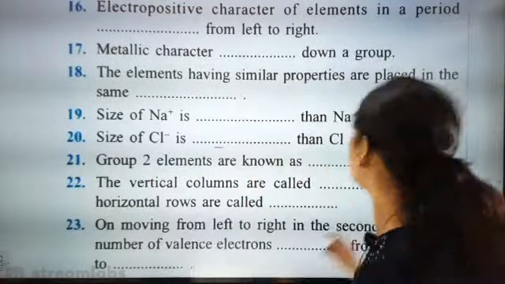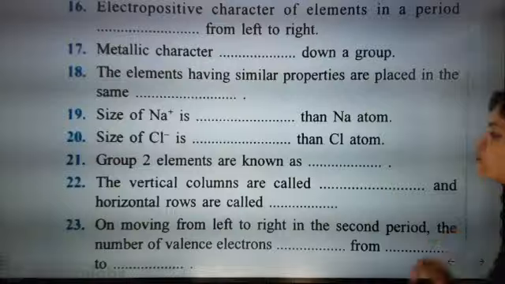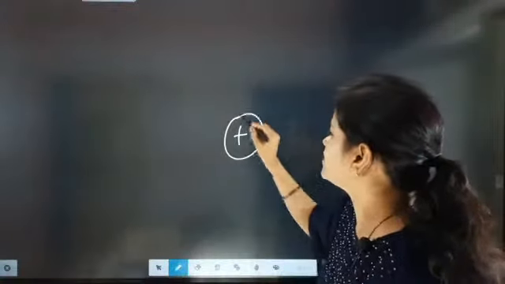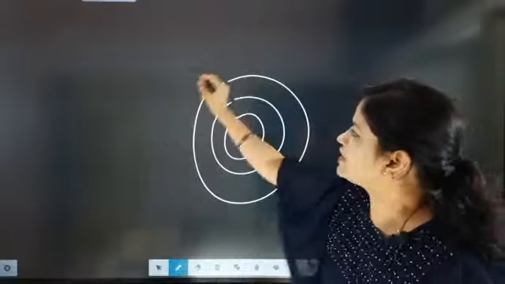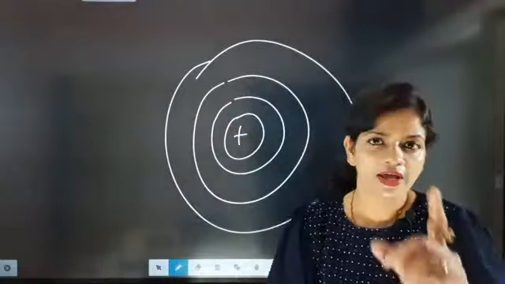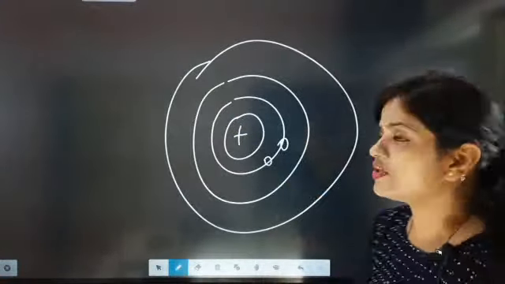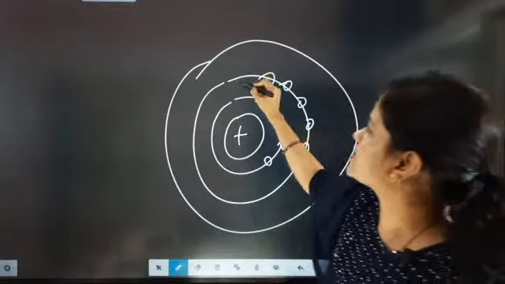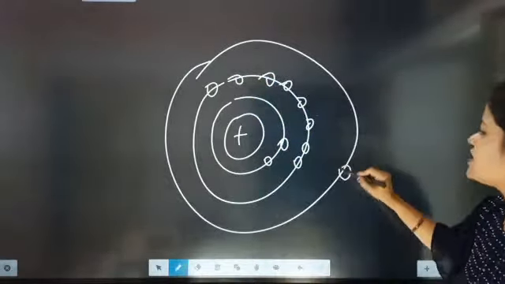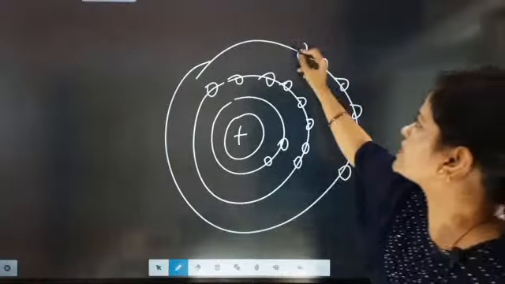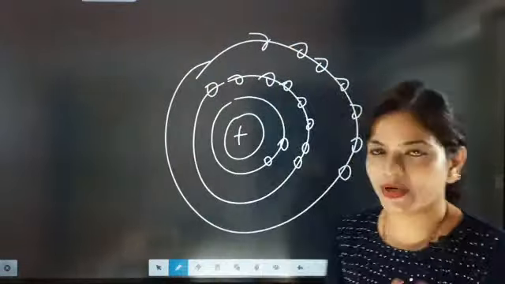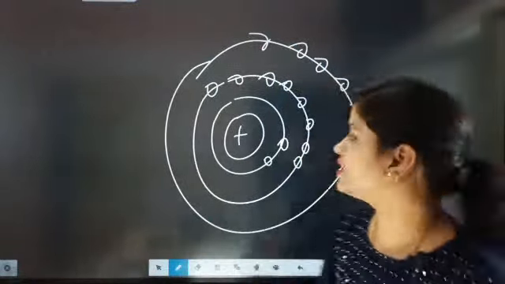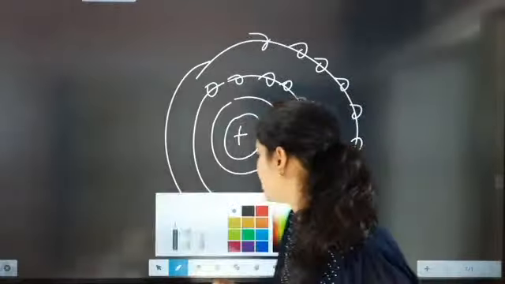Now listen here. When I was teaching in the video also, you will see one very important point I discussed about chlorine. Now look here, 2 electrons are there in the first orbit, 8 electrons in the second, and 7 electrons in the outermost orbit. The most important thing is the number of protons and the number of electrons.